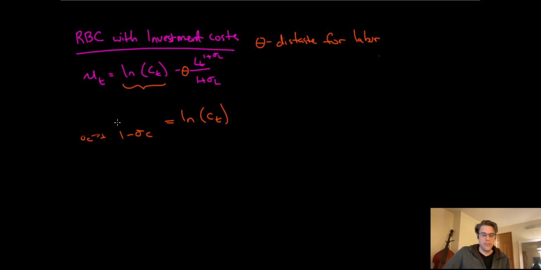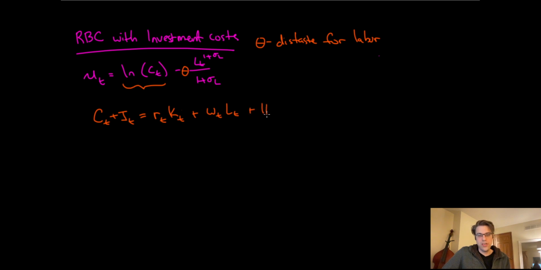So this will be our intratemporal utility function. And our budget constraint will be as normal, that the household will consume and invest. And they will consume and invest by getting money from capital investments based on their last period capital and wages from the current period.